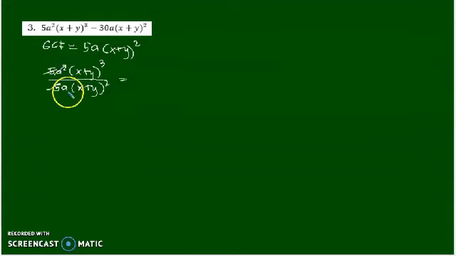A squared divided by a is a. Then the quantity of x plus y raised to the third power divided by x plus y to the second power. So just simply subtract their exponents. So 3 minus 2, which is 1. So that is the quantity of x plus y.